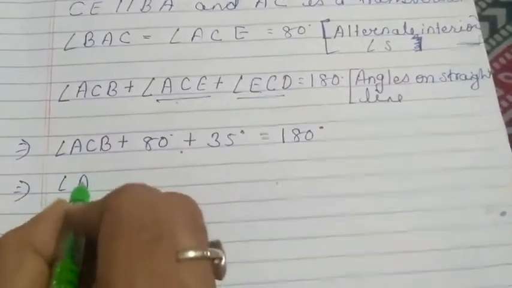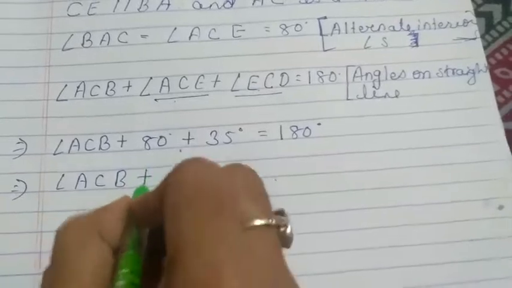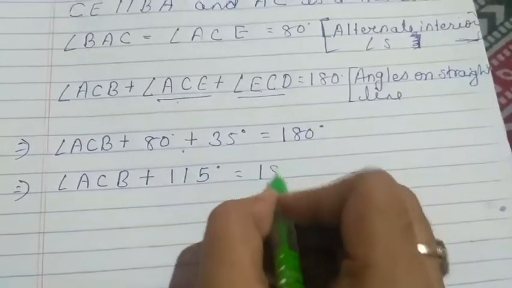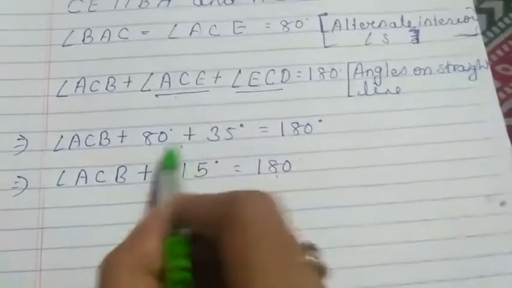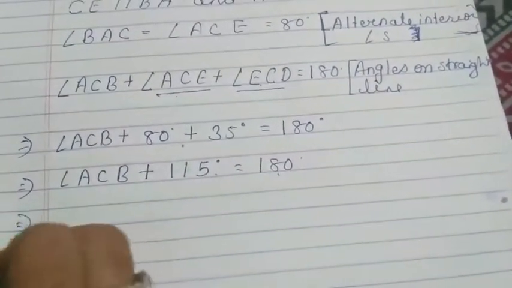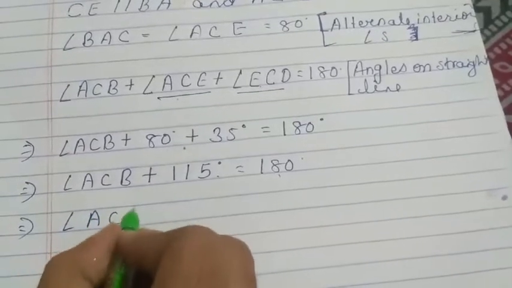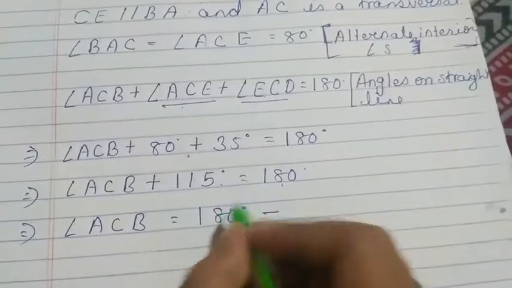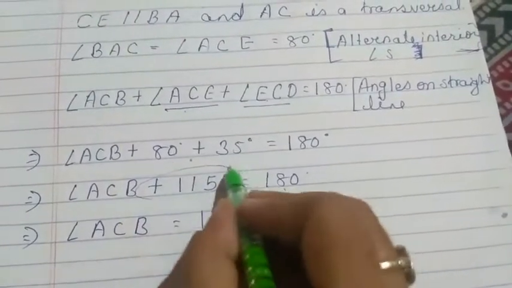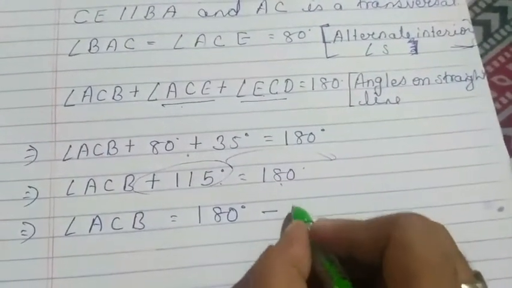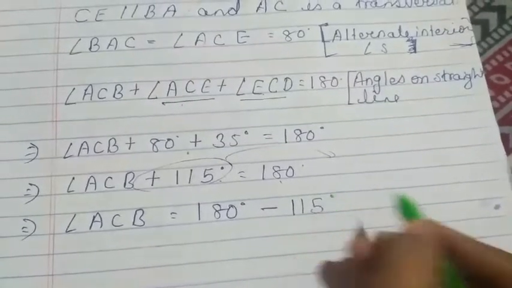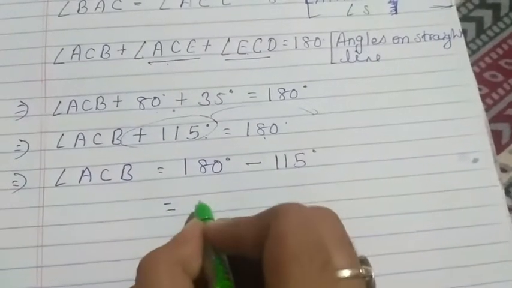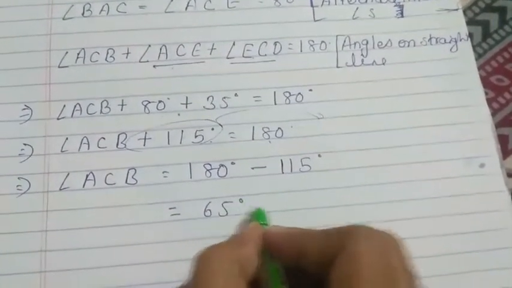So angle ACB plus 115 is 180 degrees. Now angle ACB is equal to 180 degrees minus 115 degrees, transposing to the other side. When you subtract, it will be 65 degrees.